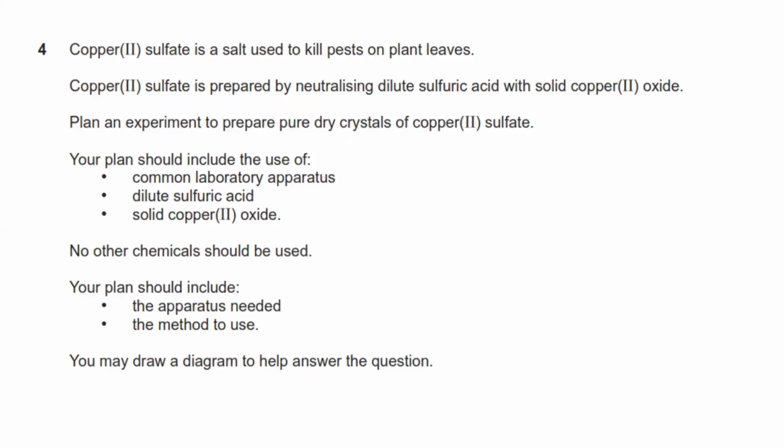So moving ahead to the last question of the paper, it says copper 2 sulfate is a salt that is used to kill pests on plant leaves. So copper sulfate, CuSO4. Copper sulfate is prepared by neutralization of dilute sulfuric acid, H2SO4, with solid copper oxide, CuO, copper 2 oxide. Plan an experiment to prepare pure dry crystals of copper sulfate.